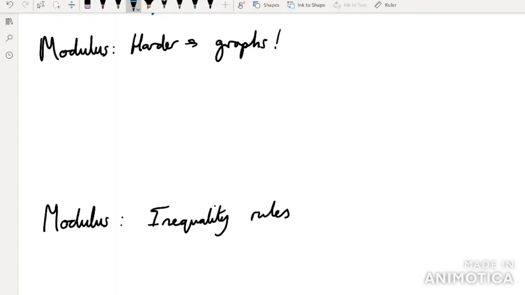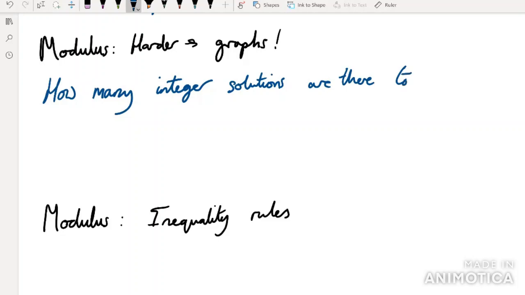So, for example, if we need to solve, let's say, how many integer solutions are there to mod x plus 3 minus mod x plus 5 is less than 7.